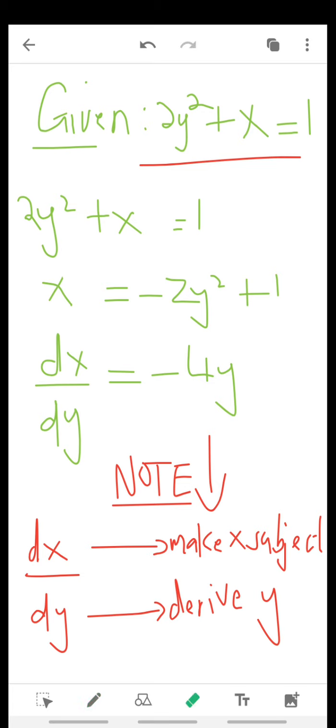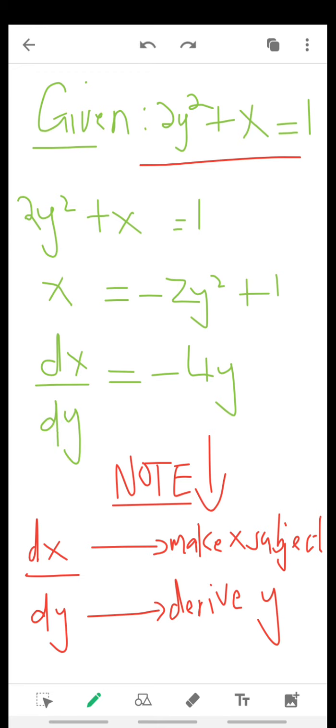So the subject is x. Now, let us do this. How are we going to make x equal to x? Transpose the 2y squared to the right hand side, and we are getting minus 2y squared plus the one that was already in there.